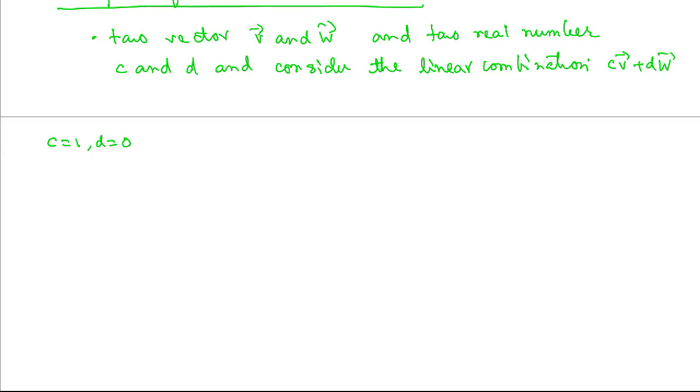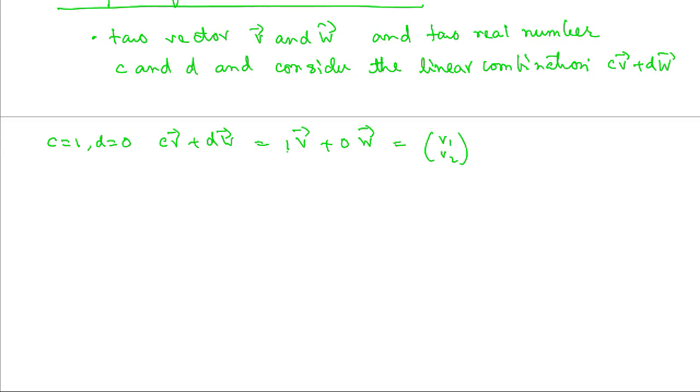Now what do cv and dw look like? Well, 1 times v plus 0 times w. I know this is v1, v2, it's 1, it just gets multiplied.